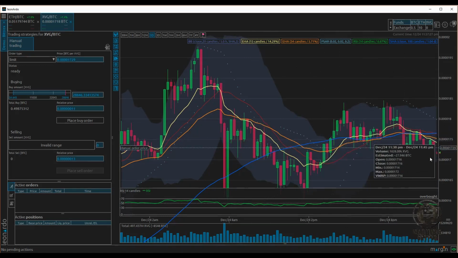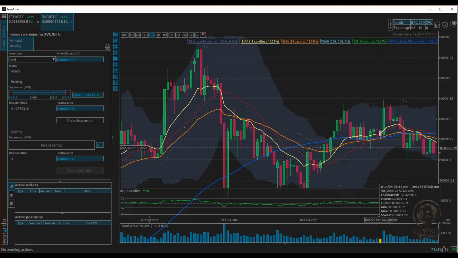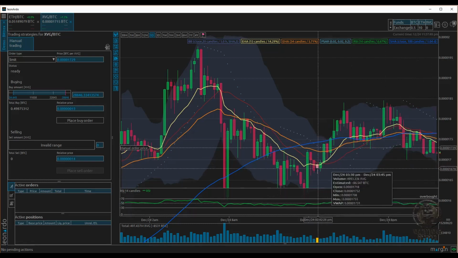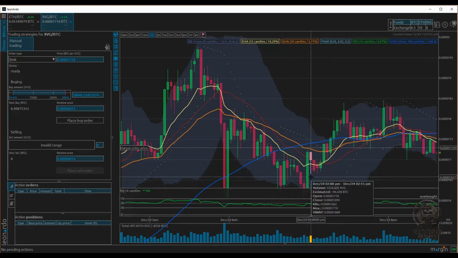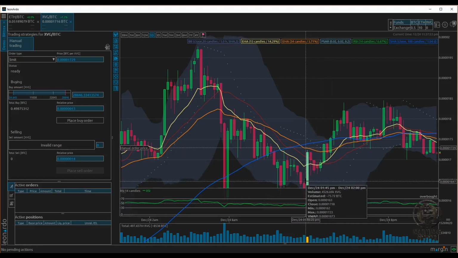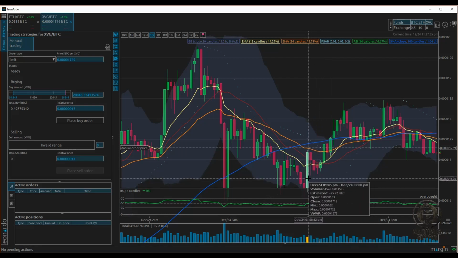For example here, right now the yellow is below the orange, so this could be a buy, but I would still probably wait a little longer, because the yellow line is still above the candlesticks. If the yellow line was below the candlestick, then that would for sure be a buy signal for me, and at that point I would probably buy.